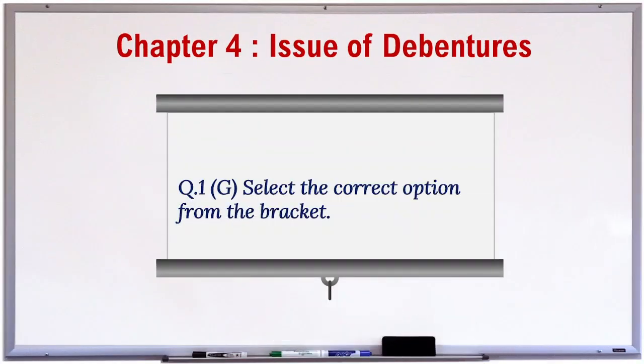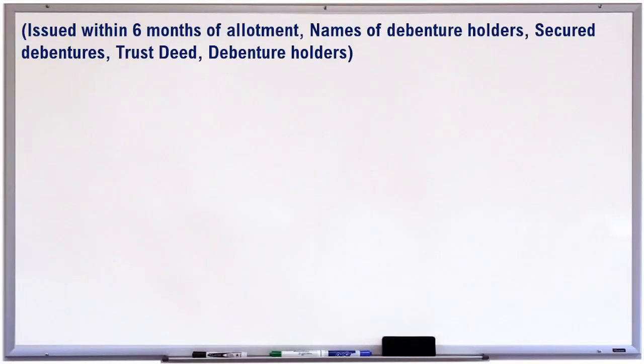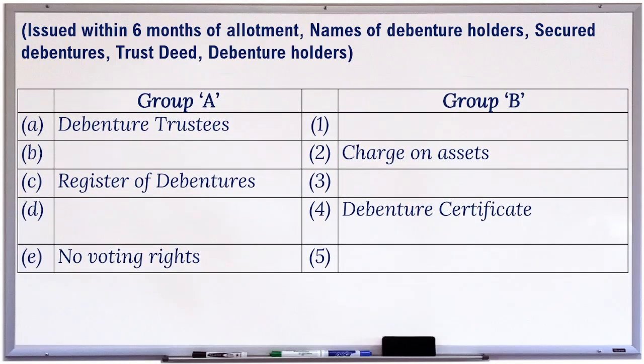Question 1. G. Select the correct option from the bracket. Issued within 6 months of allotment, names of debenture holders, secured debentures, trust deed, debenture holders. A. Debenture trustees. The correct option is trust deed. B. Charge on assets.